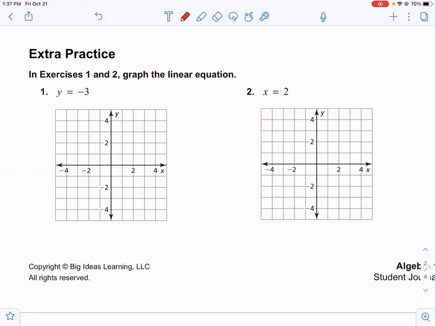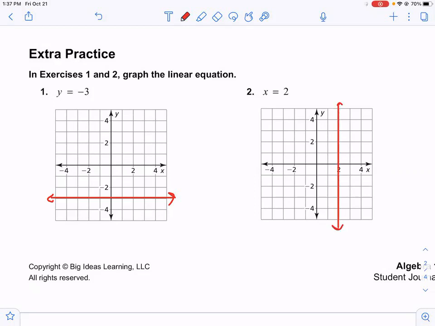Peyton, is number 1 a vertical or horizontal line? Yep. Peyton W, number 2, what kind of line? Vertical.